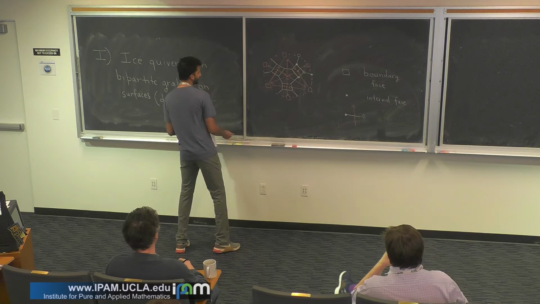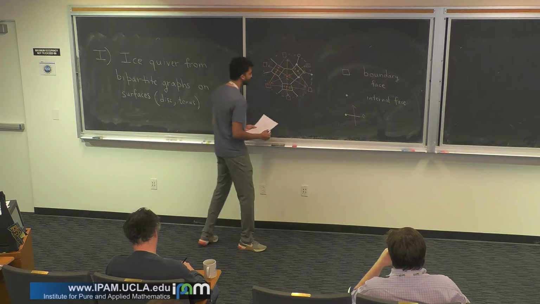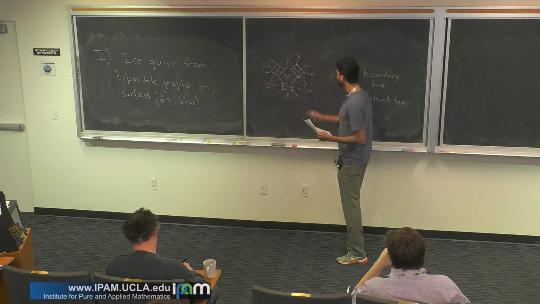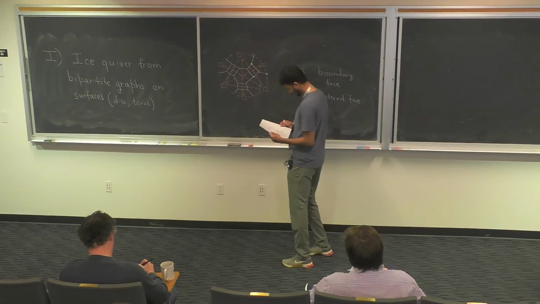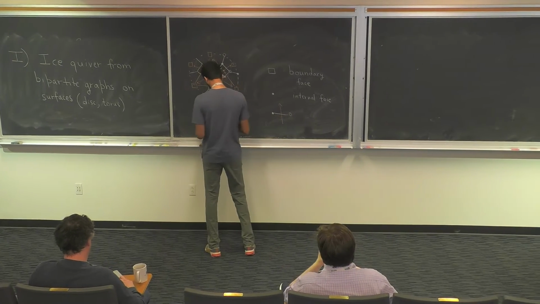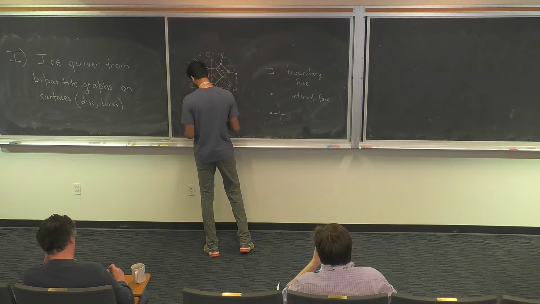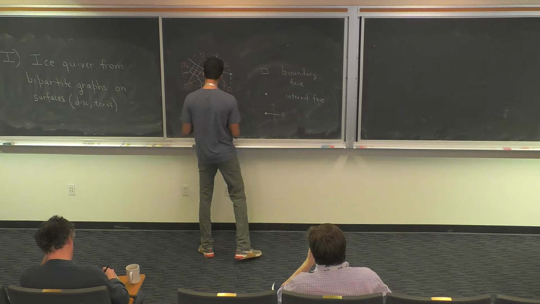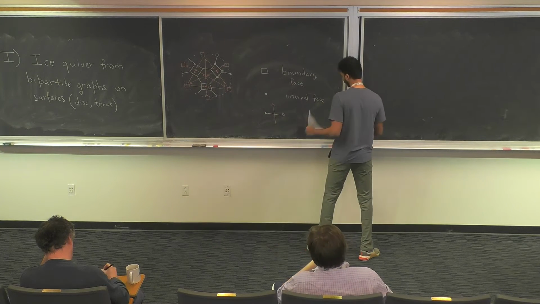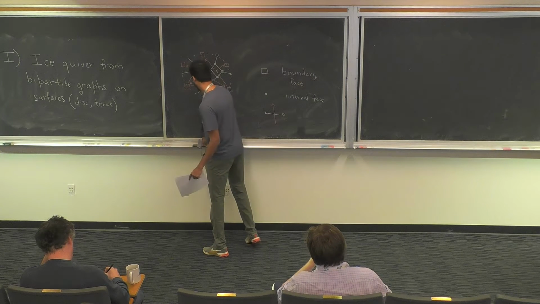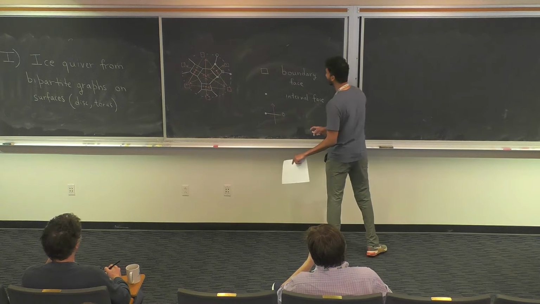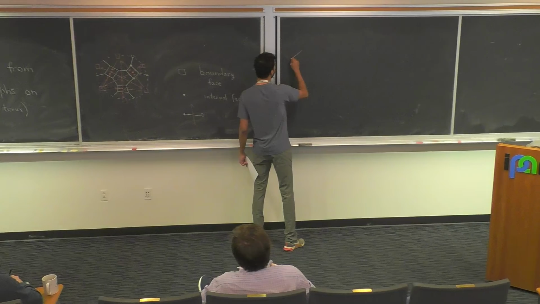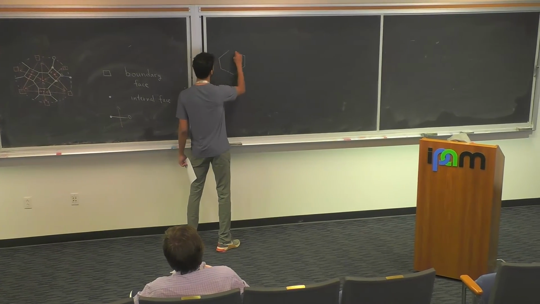Okay, so in this way, starting with any bipartite graph, you can produce a quiver, and then you can ask what is the cluster algebra of this quiver. Pavel talked about the cluster algebras you get from looking at triangulations of polygons.